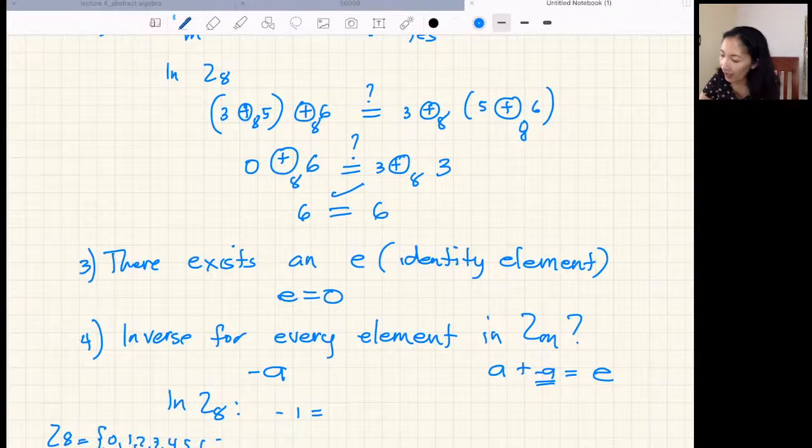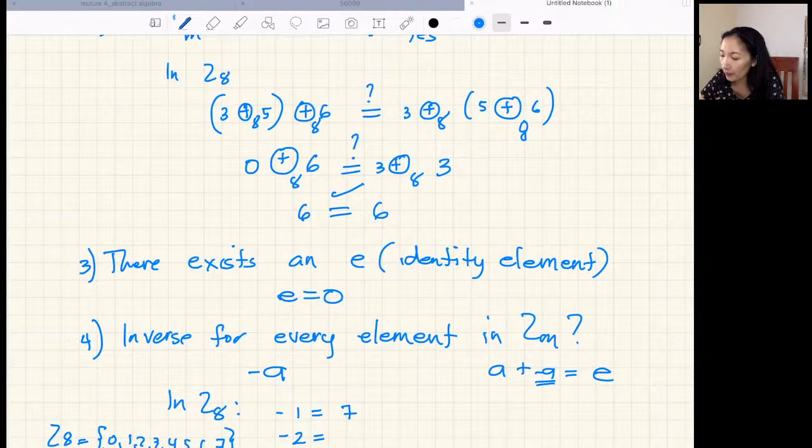Up to there only. So if I say negative 1, what does it mean? The additive inverse of 1. What must be added to 1 to get 0? That is 7. What is the additive inverse of 2? What should I add to 2 to get 0?